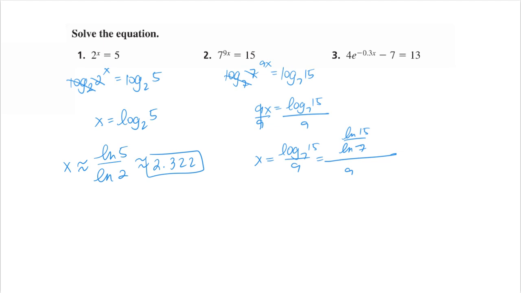I'll start with my numerator. And when I do natural log of 15 divided by natural log of 7, I get 1.392, and then I'll divide that by 9. And then my answer will be 0.155.